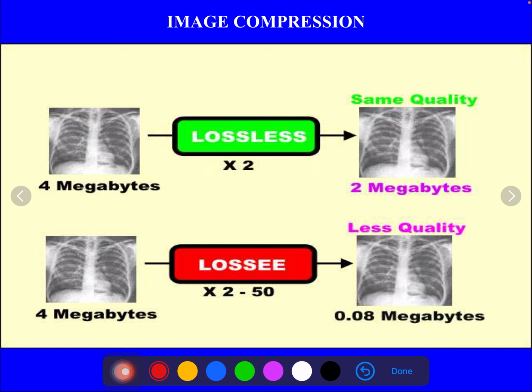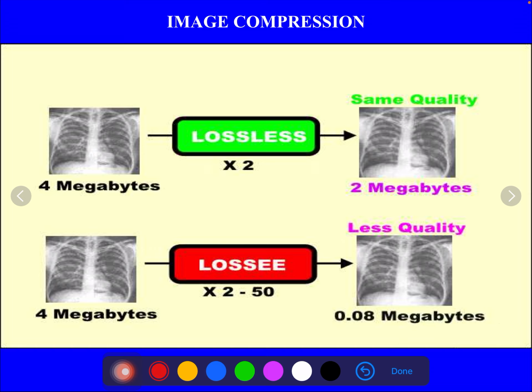Lossless methods retain all data, without losing any information, while lossy methods remove some detail to save space. Good examples are the PNG and JPEG formats respectively, right?